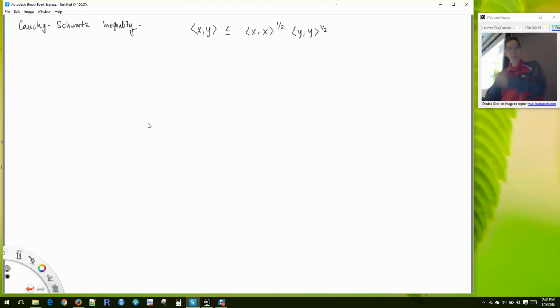And this is equal only if x and y are parallel. Okay, so that would equal this.